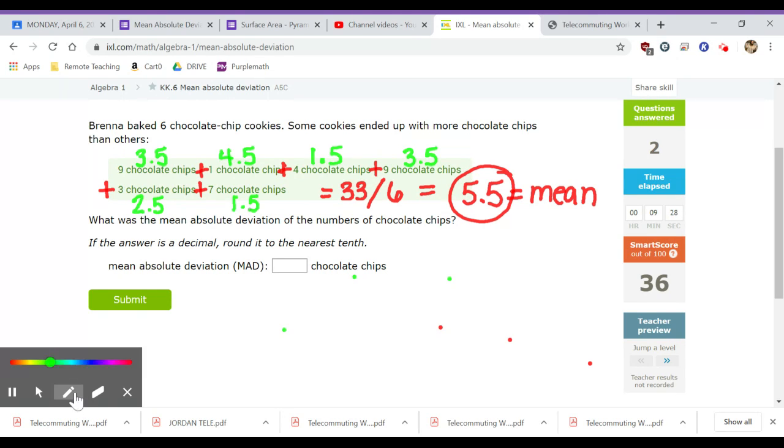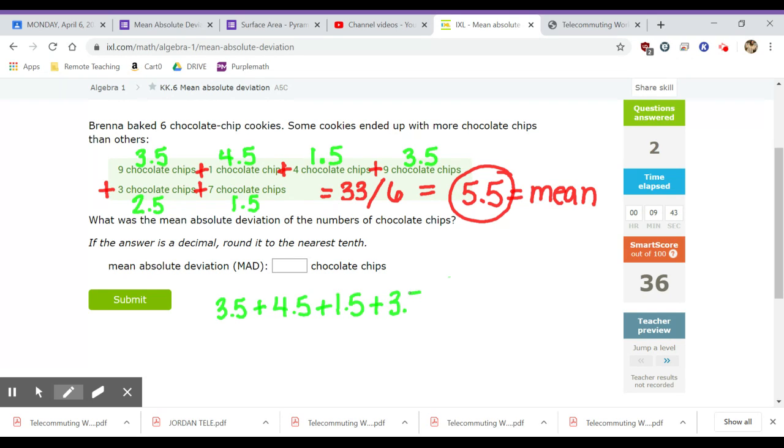So I need to add, let me erase all these little dots. So I need to add all of these together. So 3.5 plus 4.5 plus 1.5 plus 3.5 plus 2.5 plus 1.5. And I need to divide all of that by 1, 2, 3, 4, 5, 6.